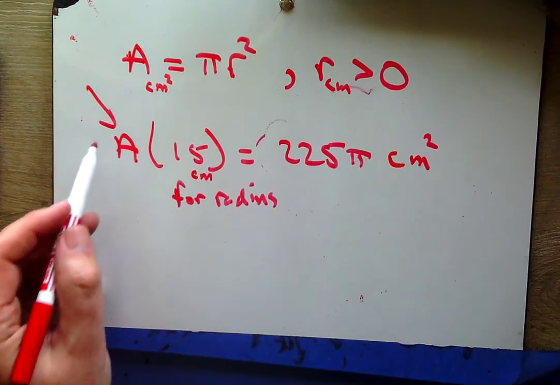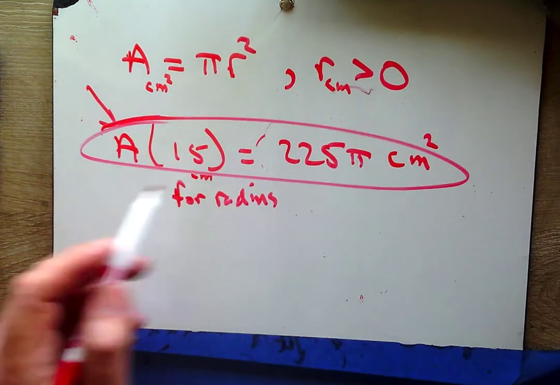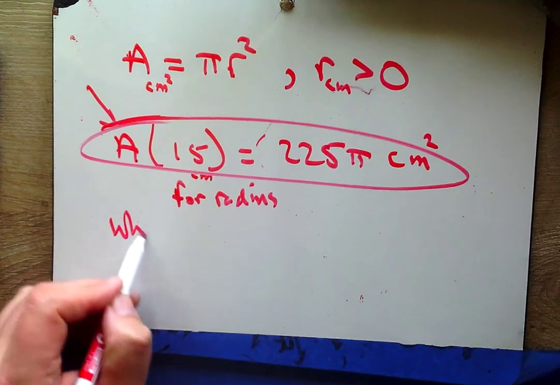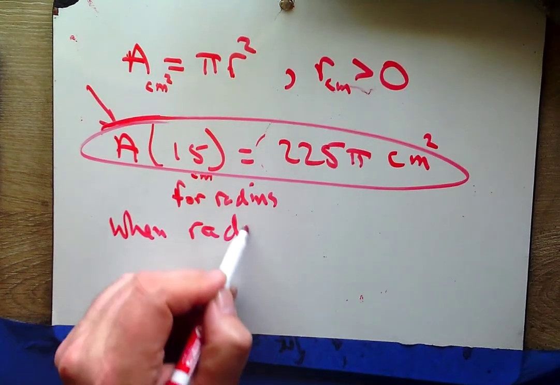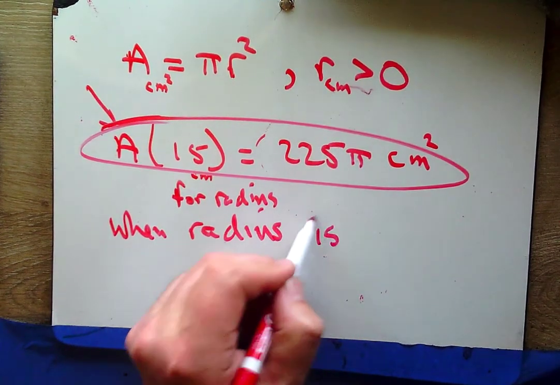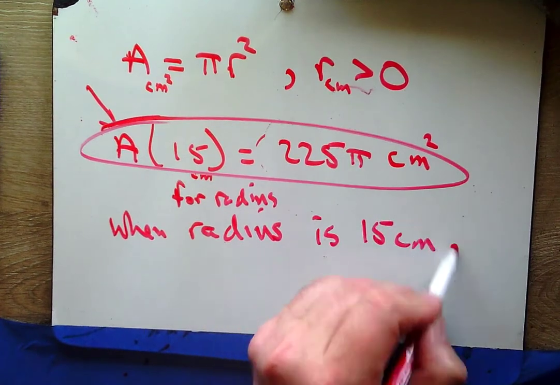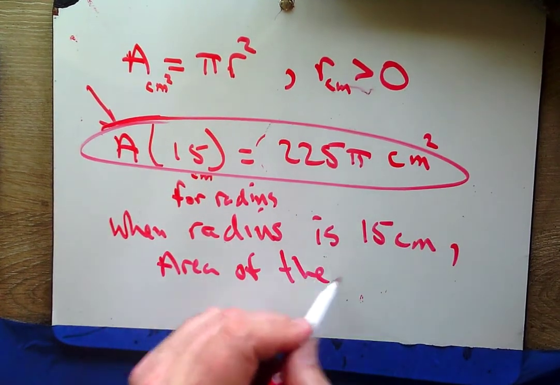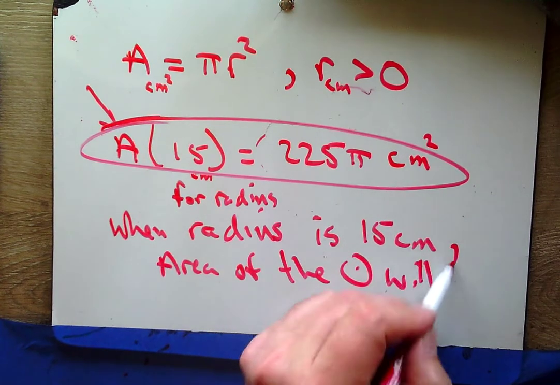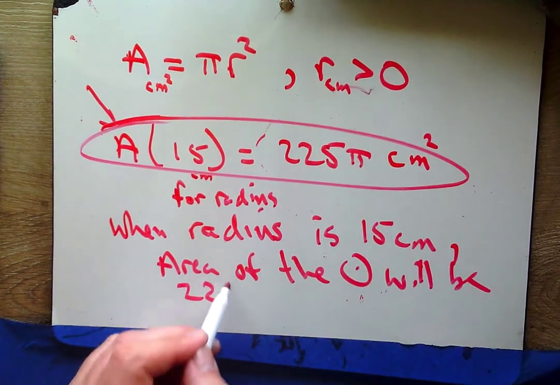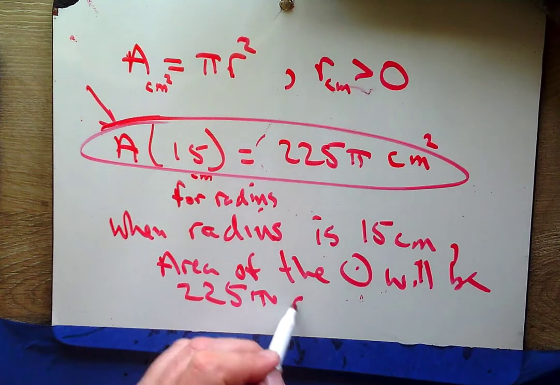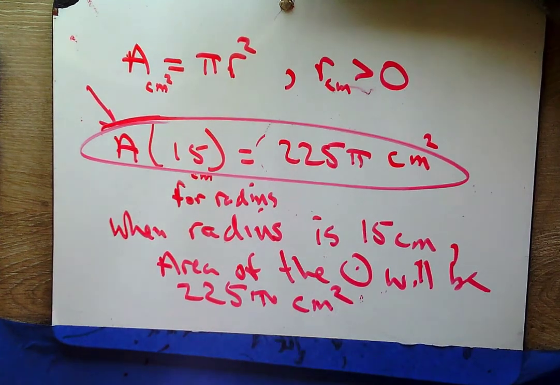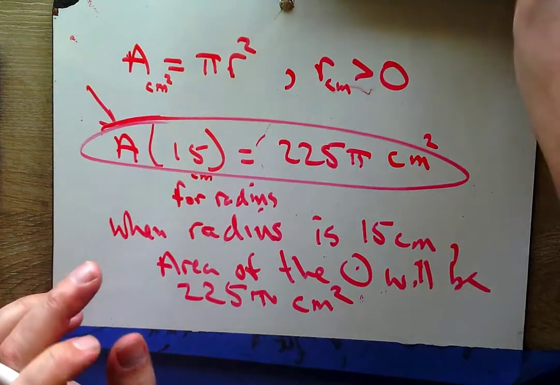If someone asked me to write a description of what this means: when radius is 15 centimeters, area of the circle will be 225 pi centimeters squared. Okay? All right. So now let's ask this question.